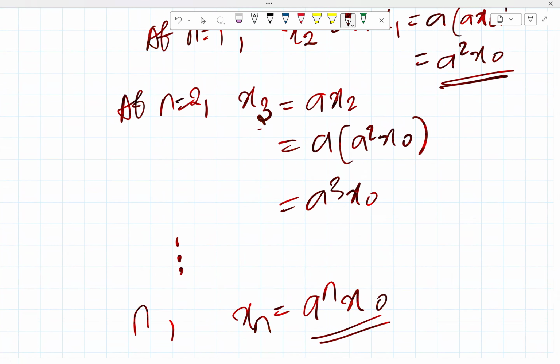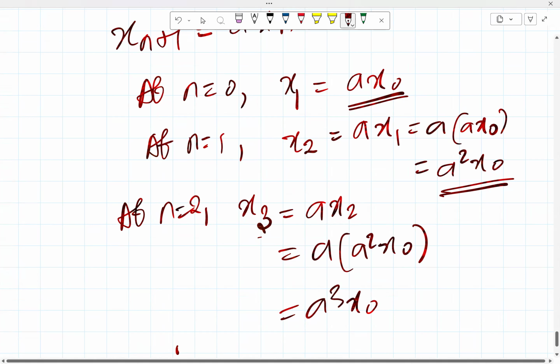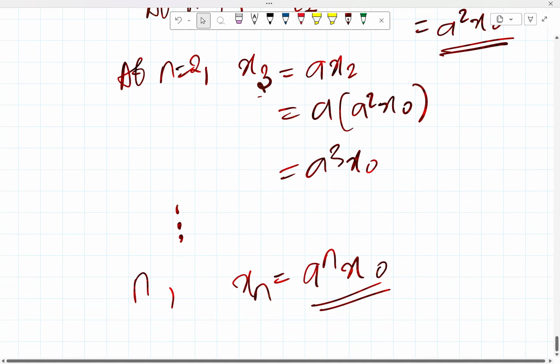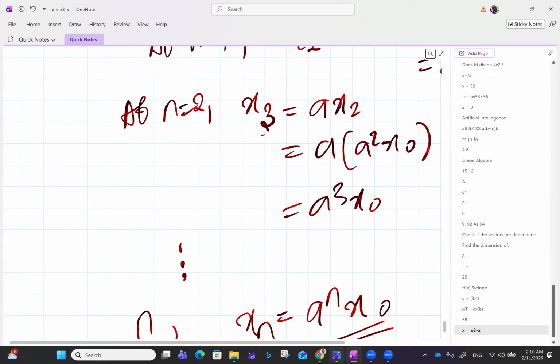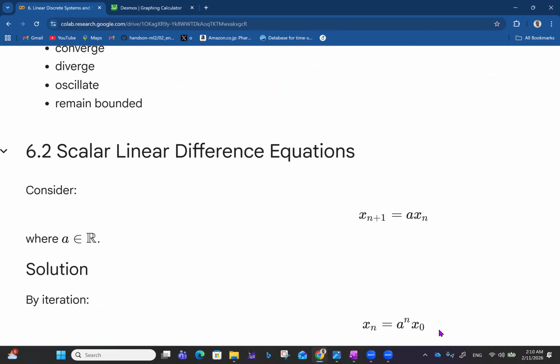Because x3 is a^3 x naught, x2 is a^2 x naught, x1 is a^1 x naught. So x_n is a^n x naught, as we see here. This is how the whole thing behaves.